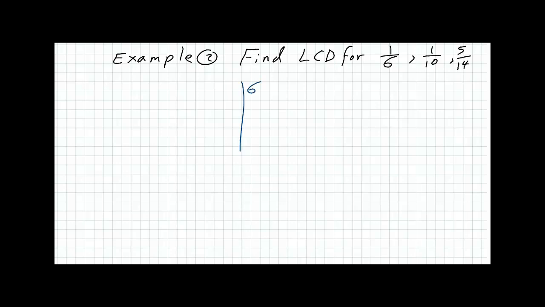Example 2. Find the LCD for 1 over 6, 1 over 10, 5 over 14. To find the LCD, it is the same process we have done a moment ago. Factorize 6, divide by 2, you have 3, divide by 3, you have 1. Factorize 10 also, by 2, we have 5, by 5, we have 1.